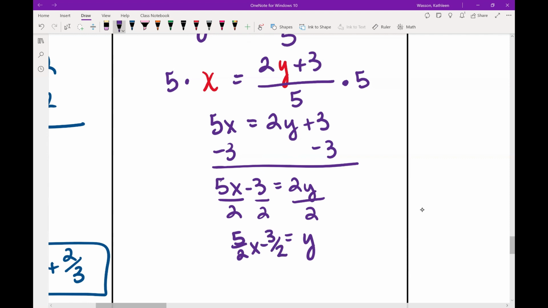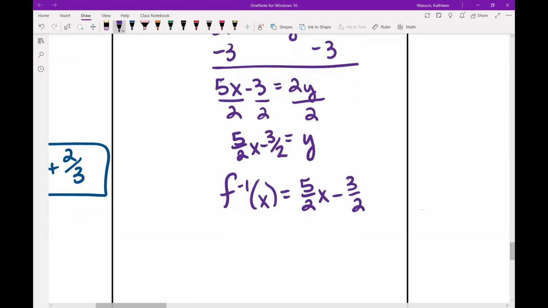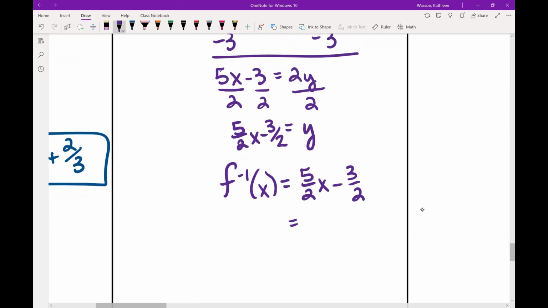When you have fractions that have 2 on the denominator, you can write them as decimals if you like to. So I'll write inverse of f of x equals 5 over 2x minus 3 over 2. This could be written as 2.5x minus 1.5.